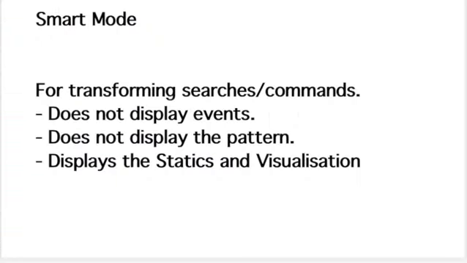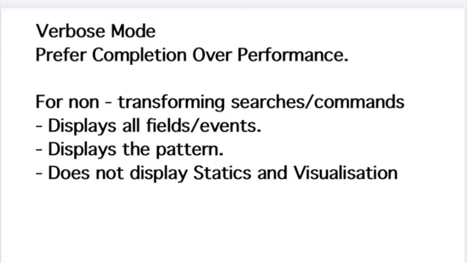Okay, so let's go to the next one, verbose mode. It prefers completion over performance. It does not count the performance or prefer the performance. It completes the search, and this is the primary thing of it.